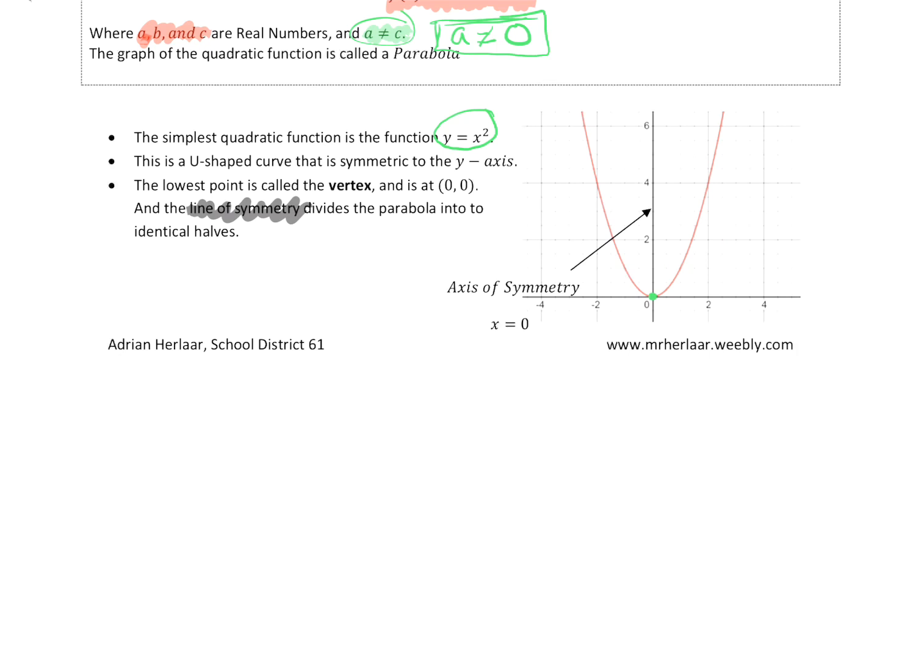So here the x-coordinate of the vertex is 0, and we have the axis of symmetry at x equal to 0. And remember that an x equals line is a vertical line. So you have a line of symmetry that cuts through the parabola. This side of the parabola is identical to this side of the parabola. They're just on opposite sides of the line of symmetry. Okay?